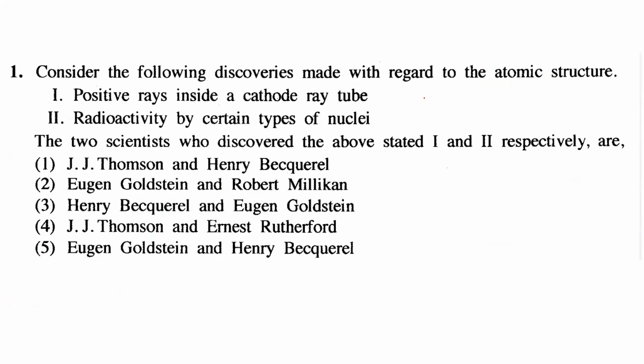The second type of questions you get from this part is about the findings and the name of the person. Either the finding is given and they ask you to find the name of the person who discovered it, or they give you the name of the person and you relate it to their finding. So this is an example like this.